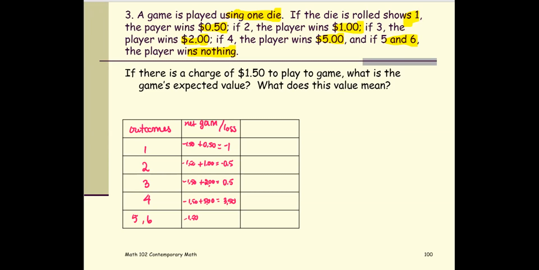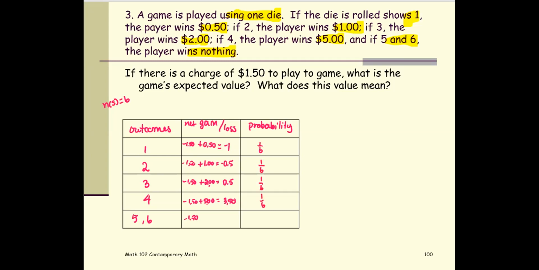And the last column is going to be the probability of each outcome. A die has 6 sides, so the total outcomes of the sample space will be 6. If side 1 shows, the probability is 1 out of 6. For the 2, it's the same, 1 out of 6, 1 out of 6, 1 out of 6.